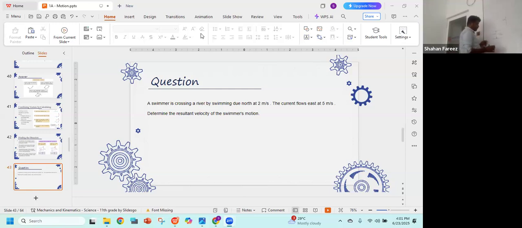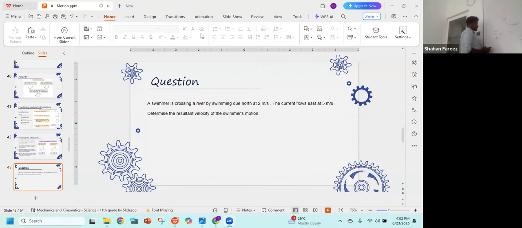Now we need to find the resultant. So we have a vector like this, and we also have a vector like this, which is 5 meters per second. Clear? In this case, I'm going to connect these two, and this is going to be my resultant. We can just connect this way. Right.